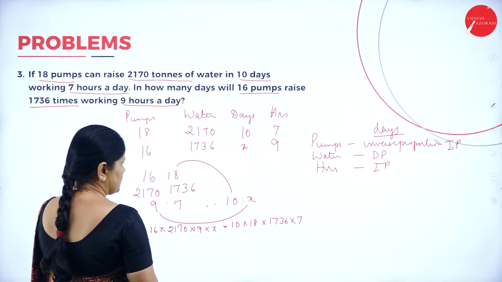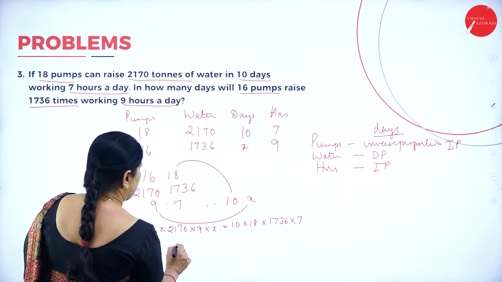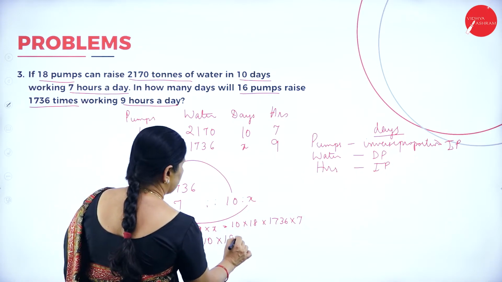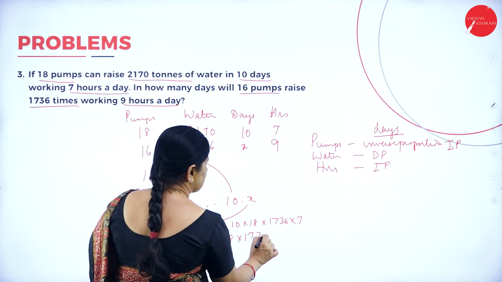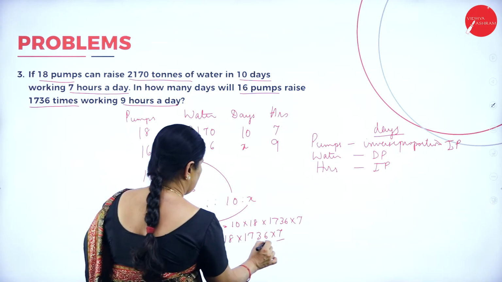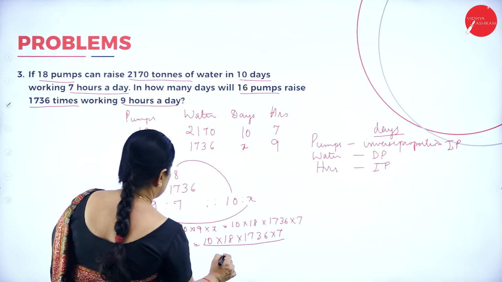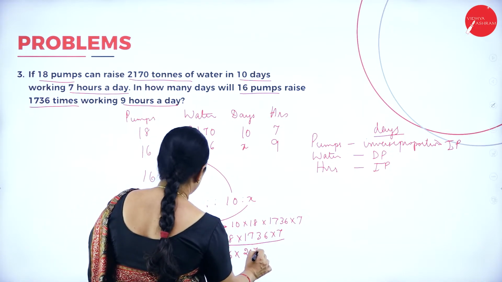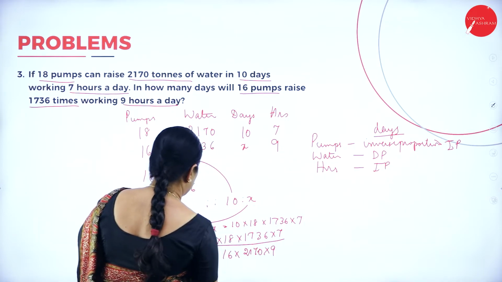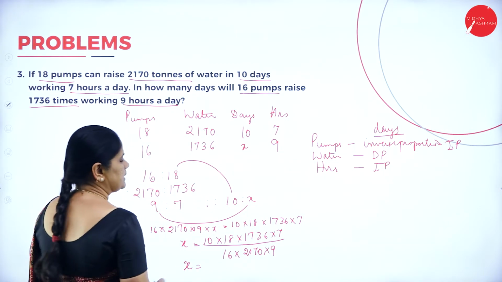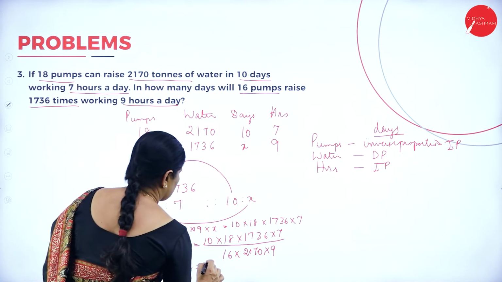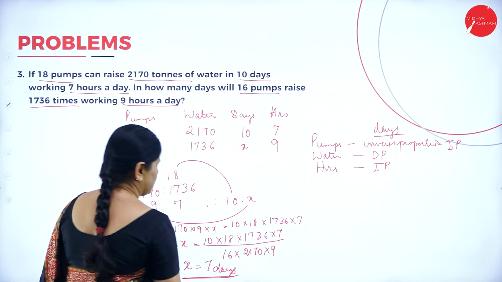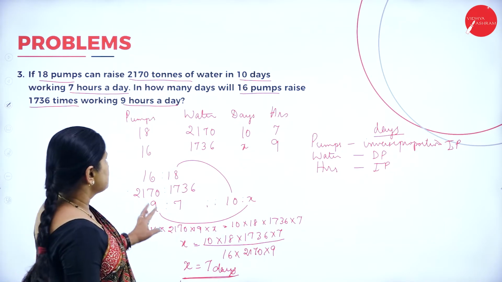So x equals 10 into 18 into 1736 into 7 divided by 16 into 2170 into 9. When I simplify this, I get x equals 7 days is the answer.